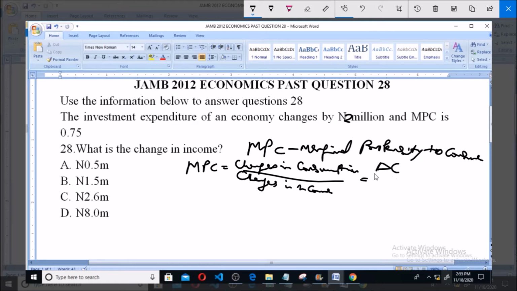Change in consumption over change in income.